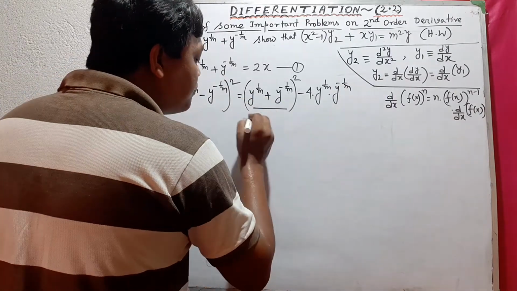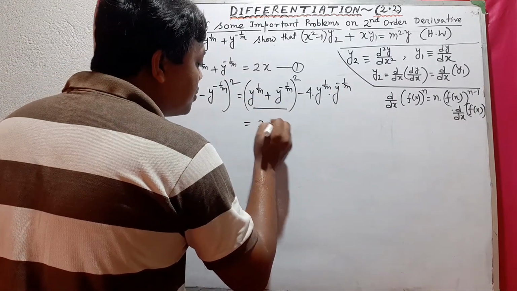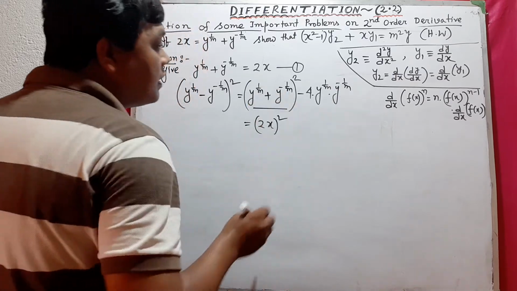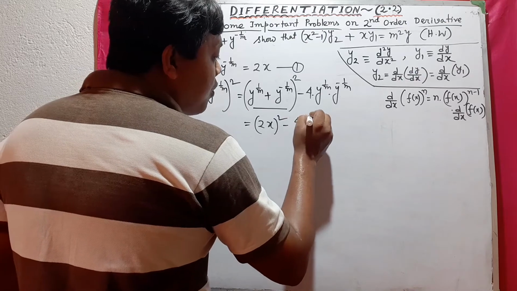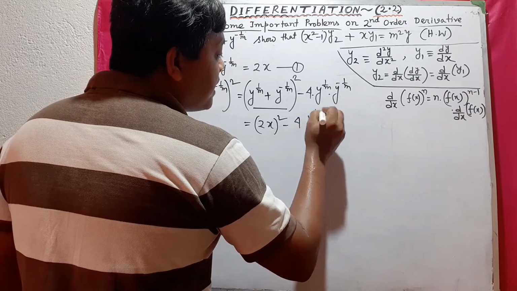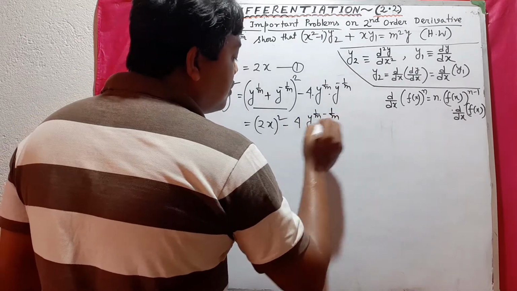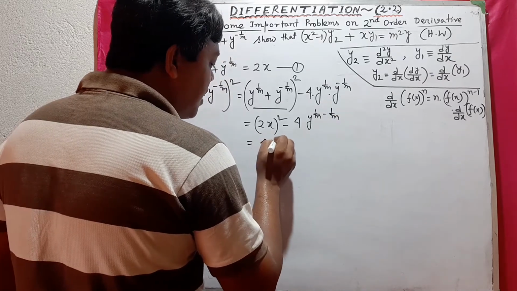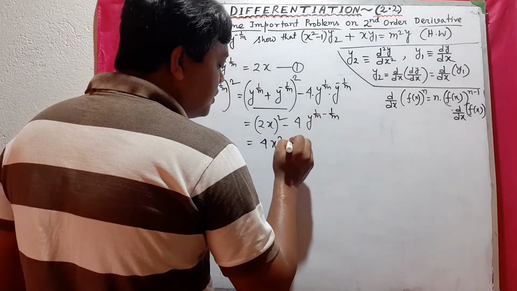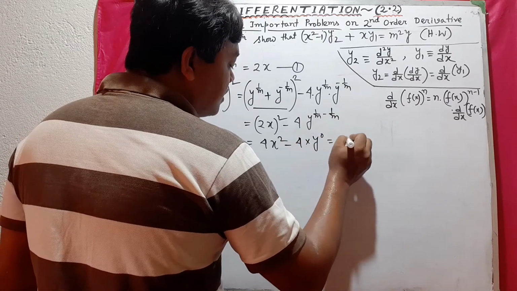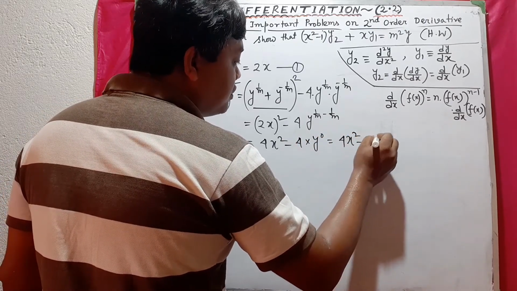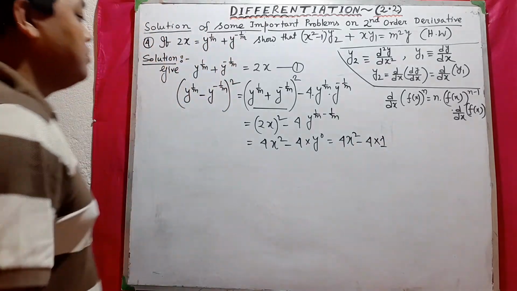This is 2x whole square from equation 1, and 4 into y to the power 1 by m minus 1 by m, that is 0. So 4x square minus 4 into y to the power 0, that is 1, according to the indices rule.